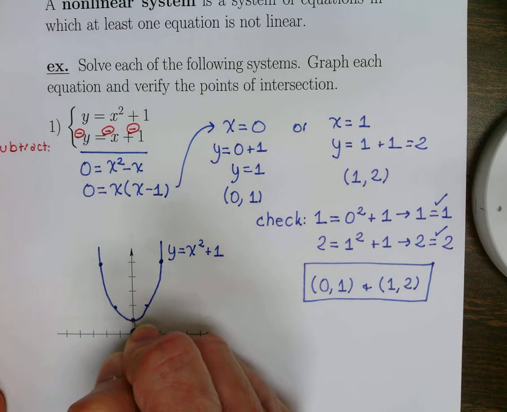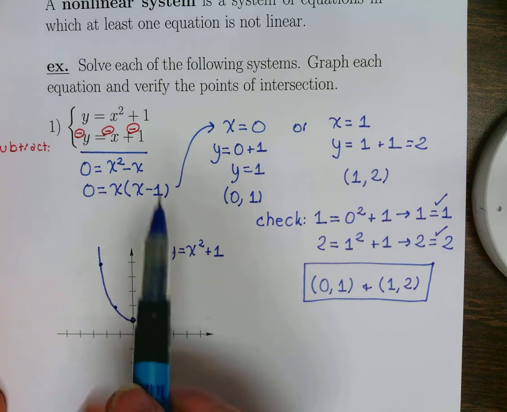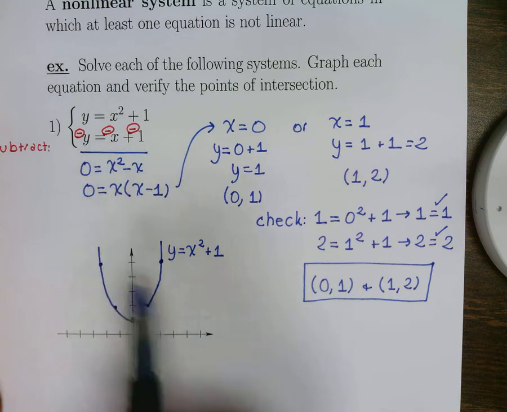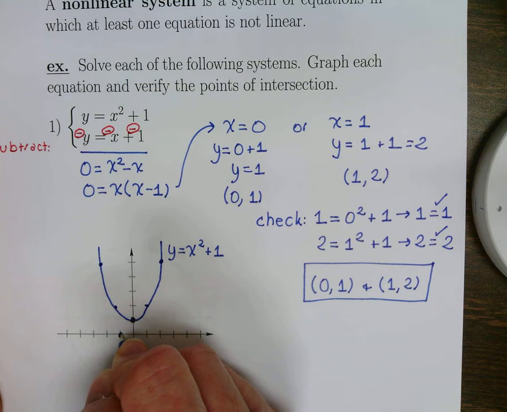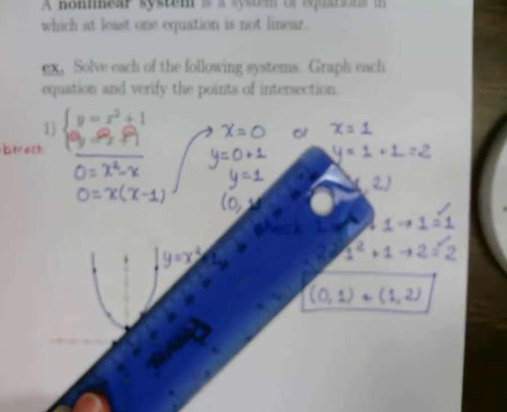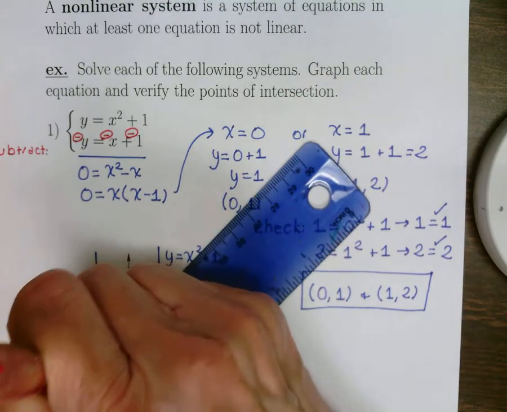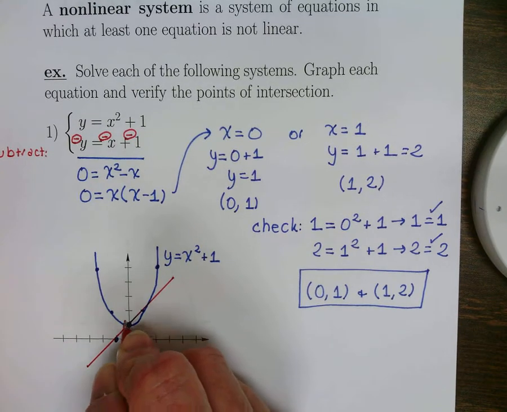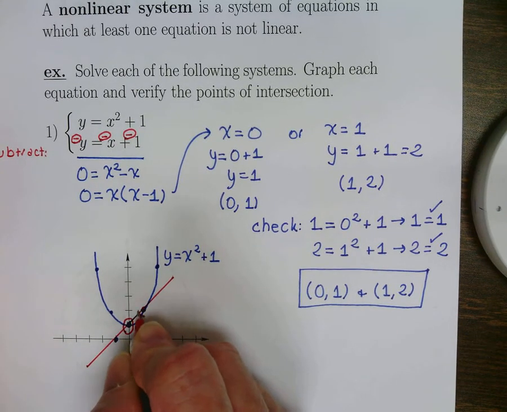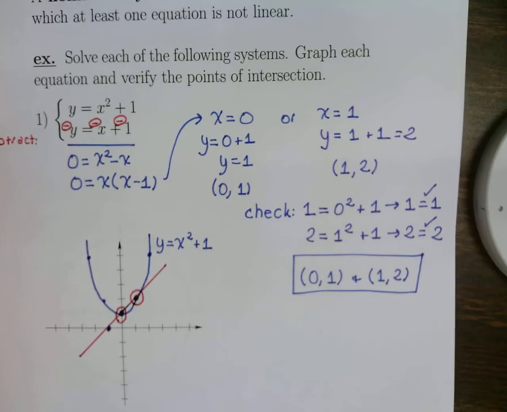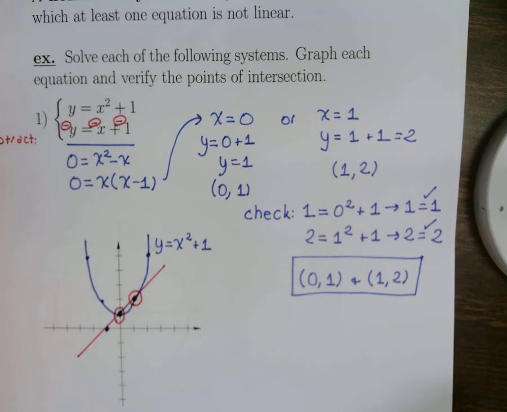And it has an intercept at 0, 1. And also, let's see, if y is 0, x would have to be negative 1. So it looks like this, and if I draw that line, we find our 2 points of intersection. So this is an easy enough equation that we could have actually done it graphically if we wanted.